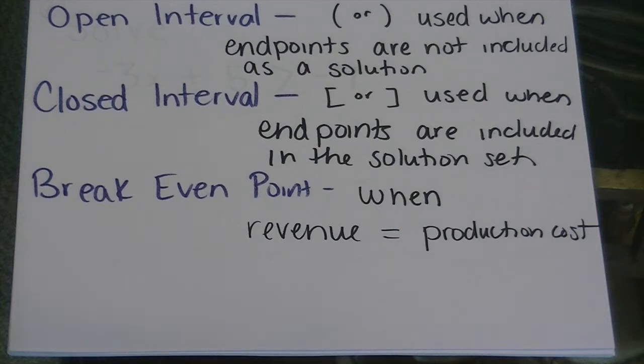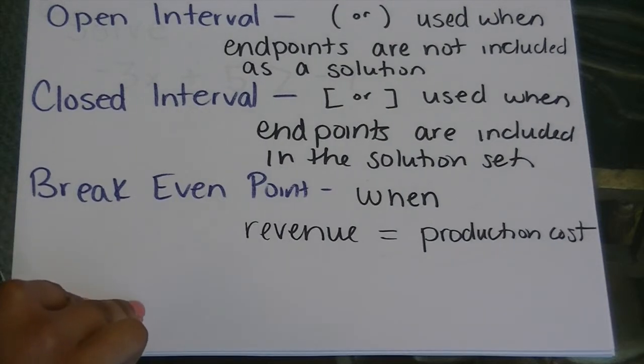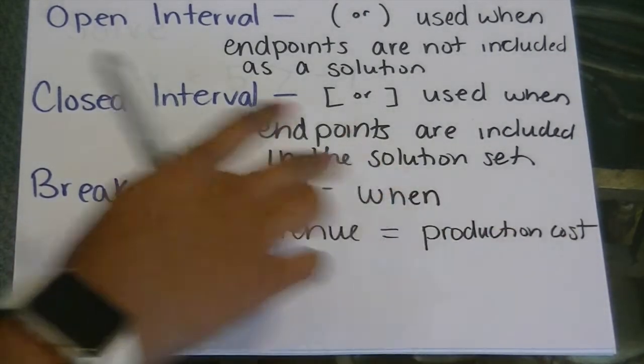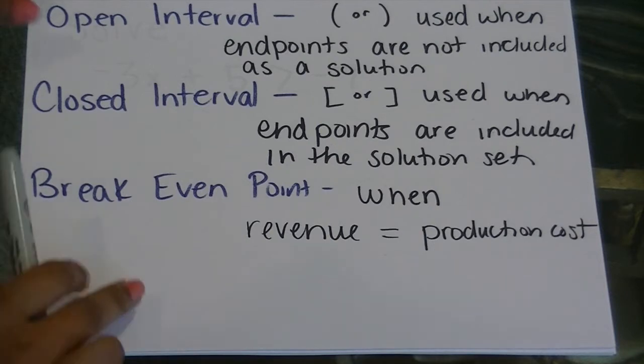I can spend up to $2, so I actually include that 2, and that would be a closed interval. And then the break-even point is basically when your revenue equals your production cost. Usually we talk about that in business. Let's say I put $1,000 into a business endeavor. My break-even point is when I sell enough products or services to give me back the money that I invested into it.